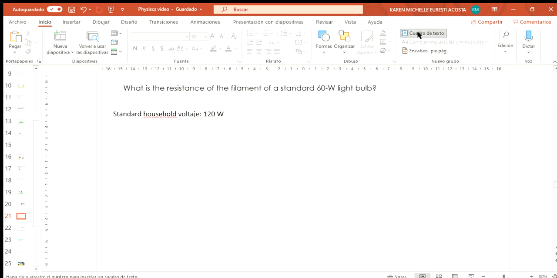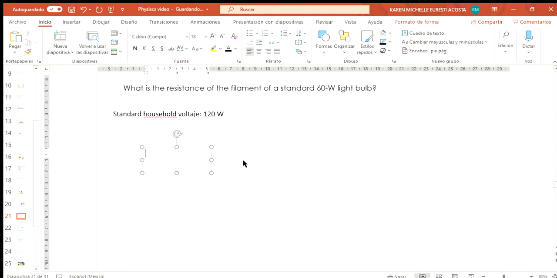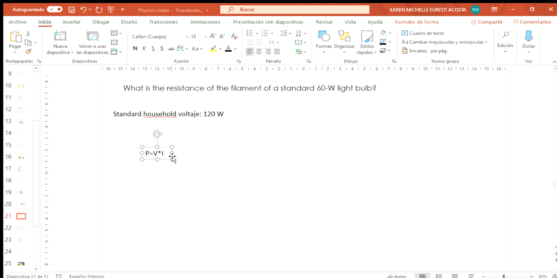So we have that the formula is P equals V times I. That P stands for power, V stands for voltage, and I stands for electric current.